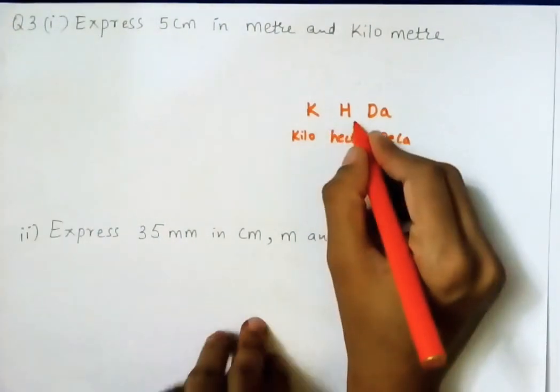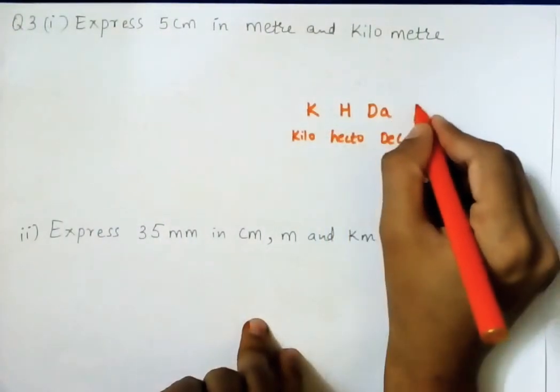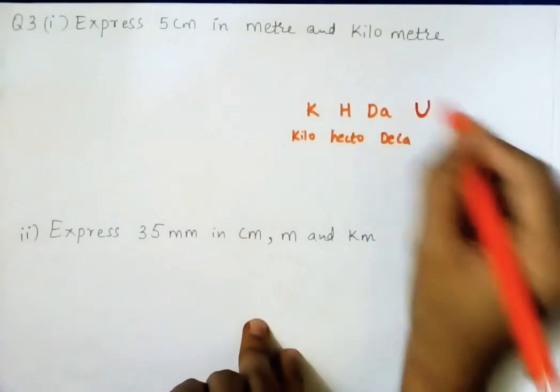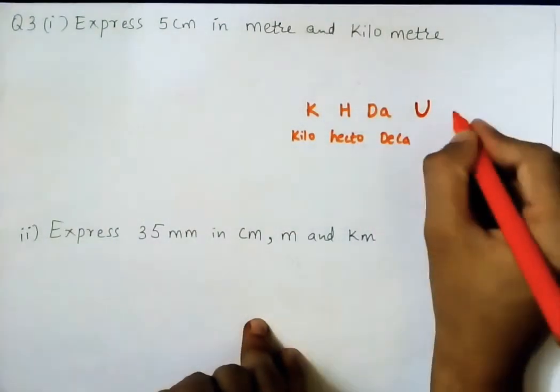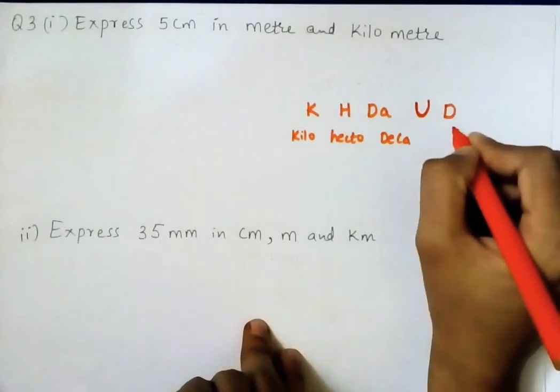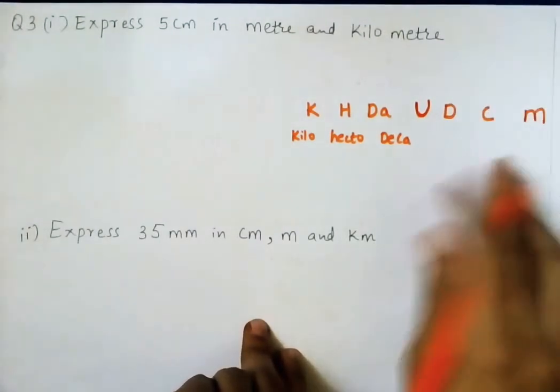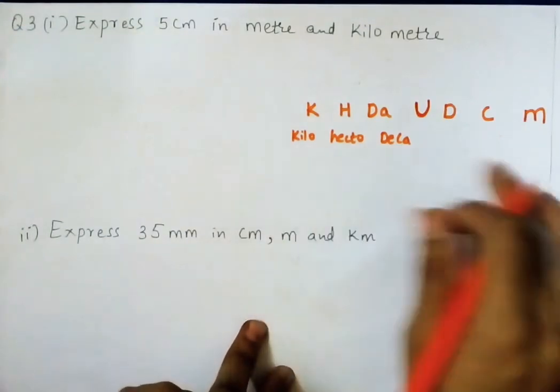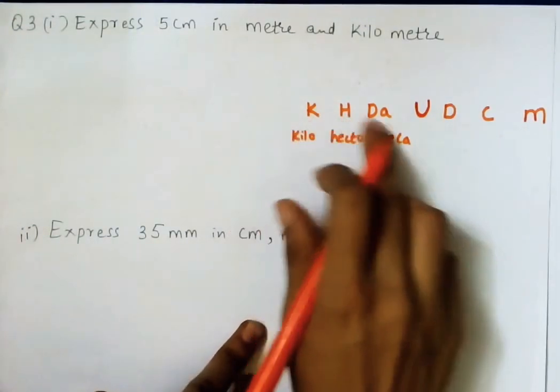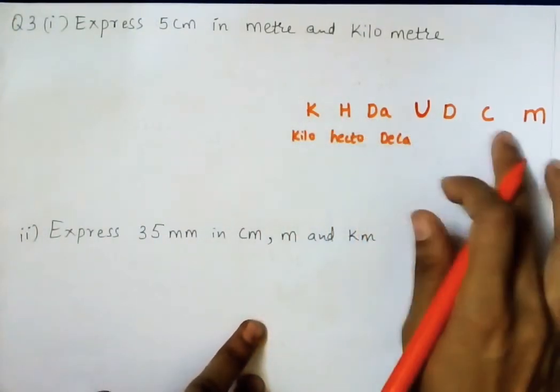So kilo, hecto, deca, then unit. U means unit, and then D means deci, then centi and then milli. This sequence you need to remember: kilo, hecto, deca, unit, deci, centi, milli.